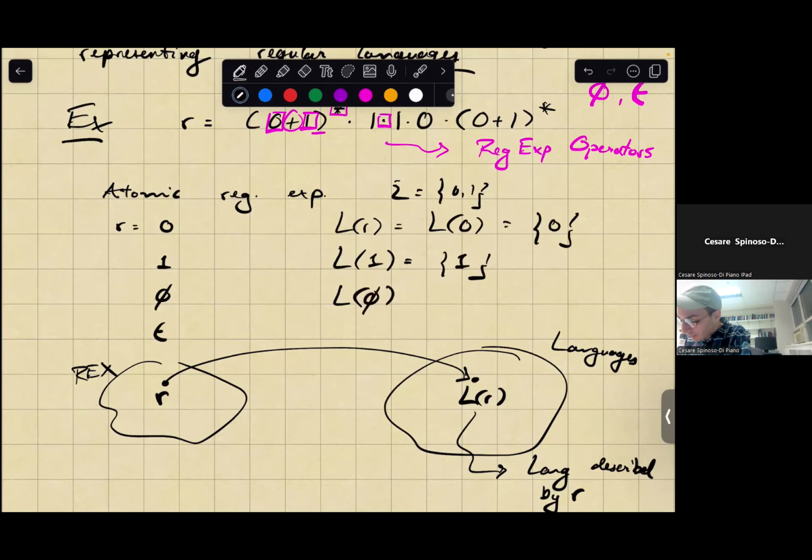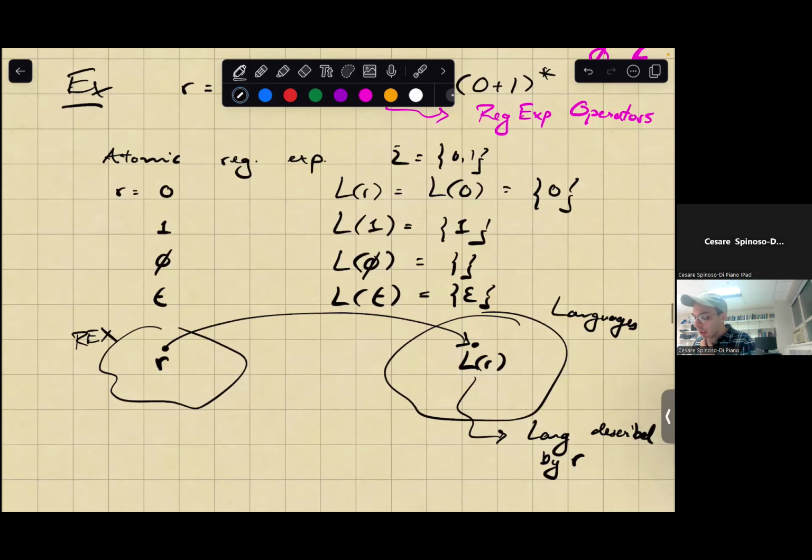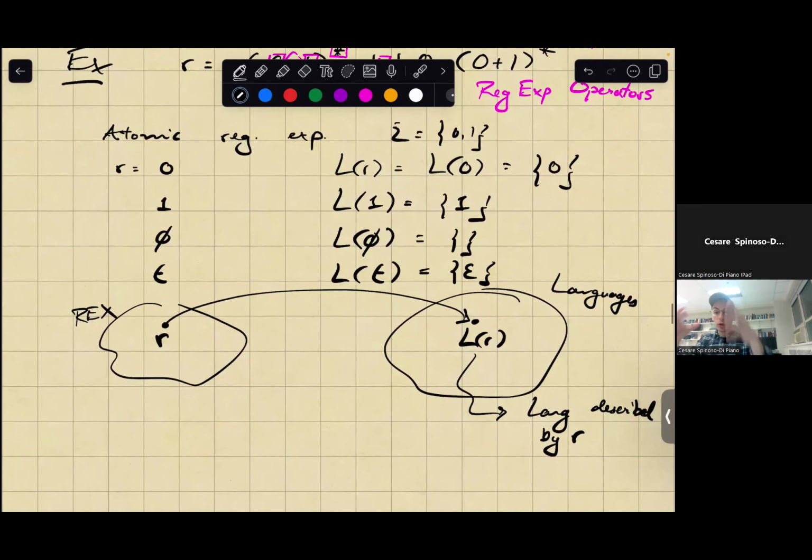L of the empty set is the actual language that is the empty set. And L of epsilon, L of the regular expression denoting the epsilon string, is the language containing the empty string. Okay.